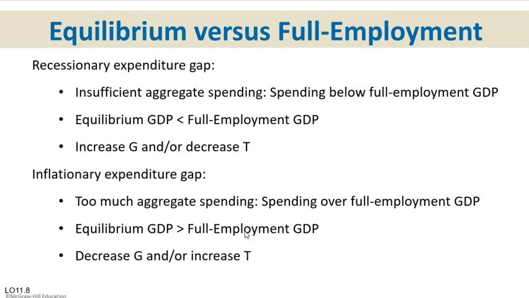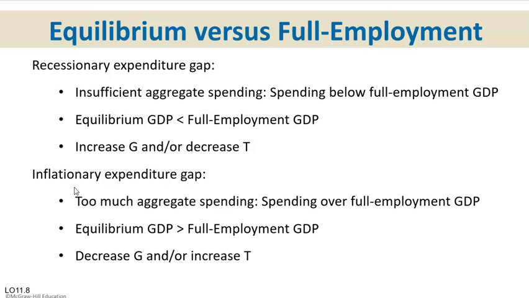So you may be thinking, well, what's wrong with having a higher than normal GDP? And in this chapter, we can't really see the problem because it has to do with the price level. So when our GDP equilibrium is over the full employment GDP, what happens is it causes inflation. That's why we call it an inflationary expenditure gap.